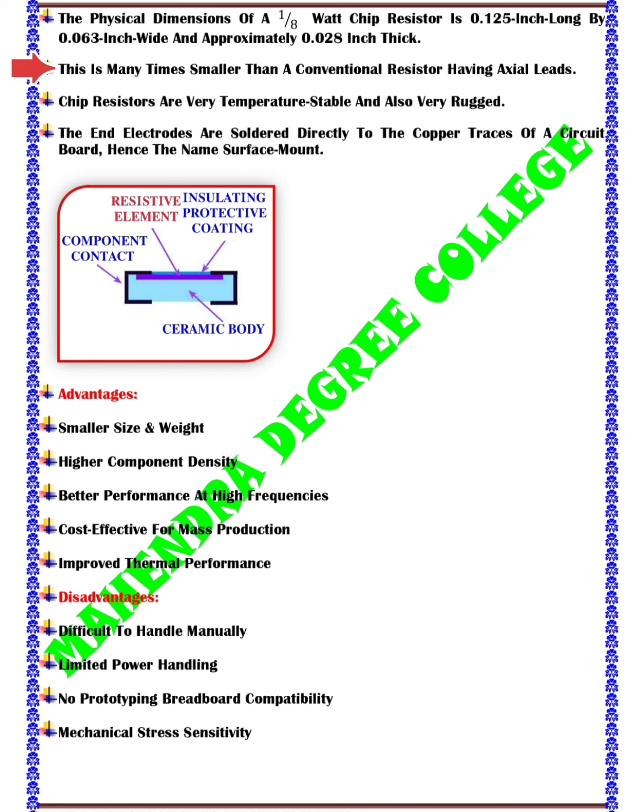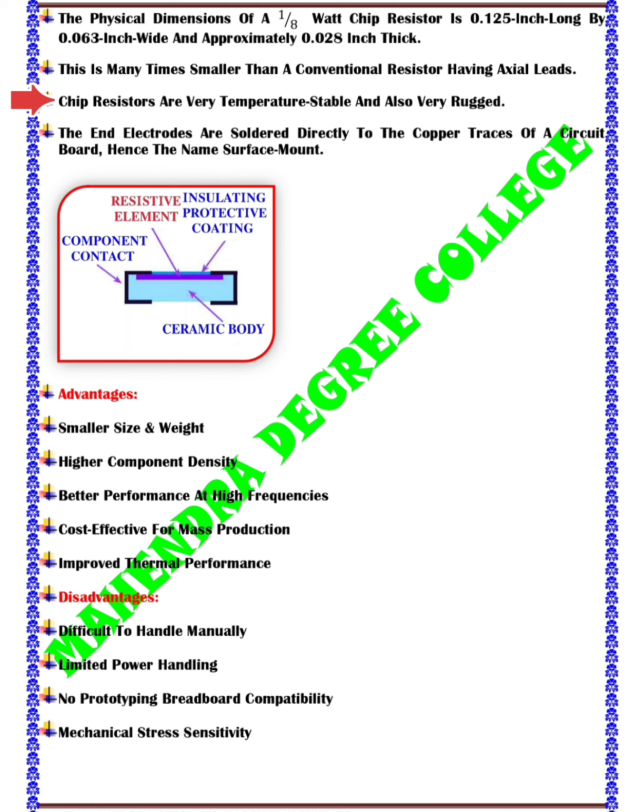Surface mount resistors are significantly smaller than conventional resistors with axial leads. Surface mount devices are typically square or rectangular with low profiles, and their terminations are soldered directly to the surface of the printed circuit board, unlike through-hole resistors that have wire leads that pass through the board.